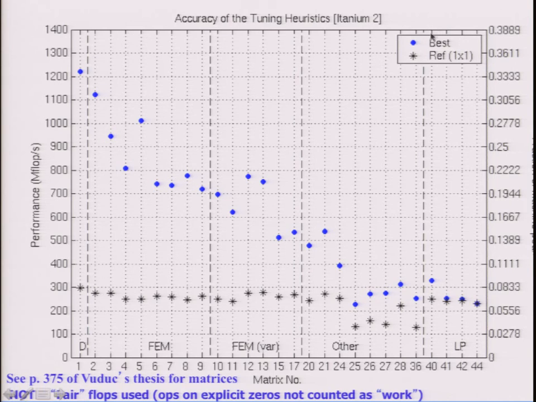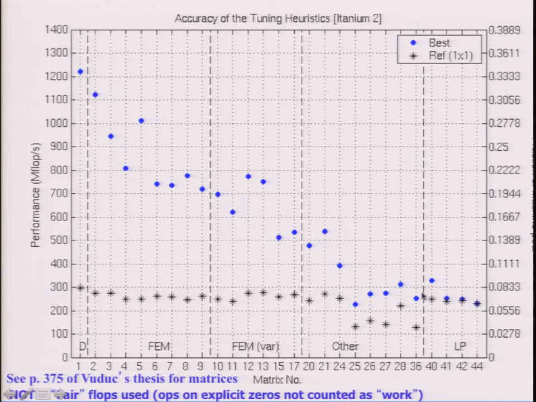And so you can see that the reference code, the CSR code, the unoptimized, with 1 by 1 blocks, is hanging out at around 300 megaflops and occasionally dropping a lot lower. And if you choose the best out of all 12 squared, 144 possibilities, you end up with the blue performance dots. You can see the dense does best, not surprising. The single block size finite element does next best. Then mixed finite element does better.